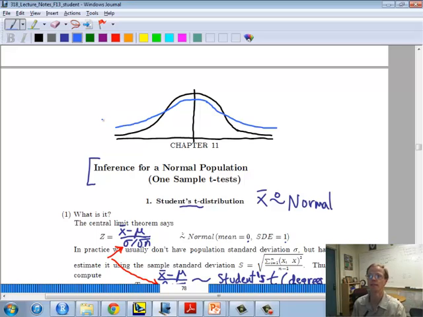Let's just suppose that the sample size were 11. That'll give us degrees of freedom equals 10. Let's do another one here. This one has more degrees of freedom. You can see that its tails are still fatter than normal, but not as fat as the degrees of freedom 10 curve.